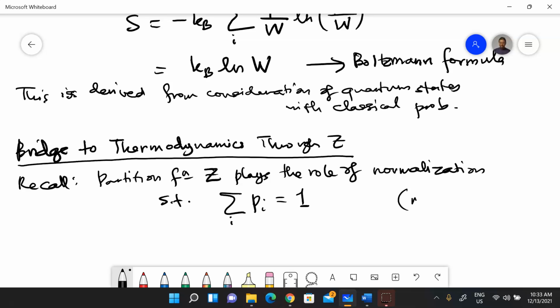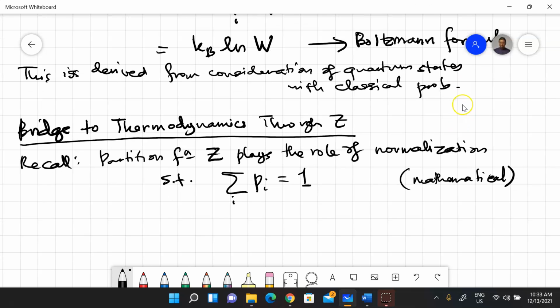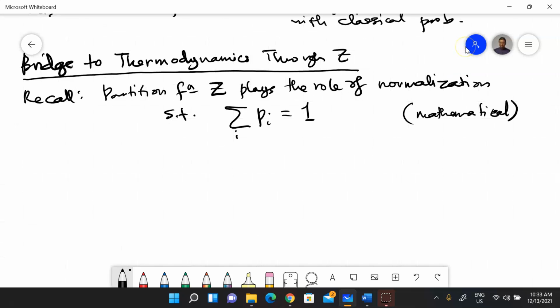So it's more mathematical rather than anything else. But your partition function could be related to something physical, which we'll do in a minute.